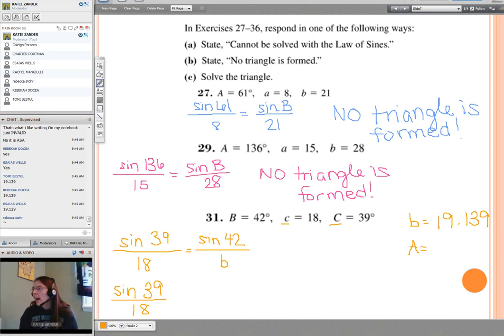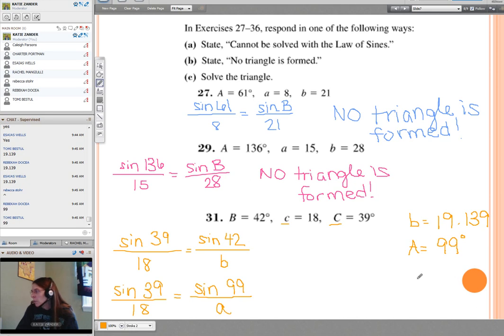Awesome. And then we can't really find side A without angle A. So let's do our subtraction quick to find angle A. And what do we get there? 99. Okay, let's put the little degree marker there for that. And then to find side A, we're going to use that angle A in the numerator there.